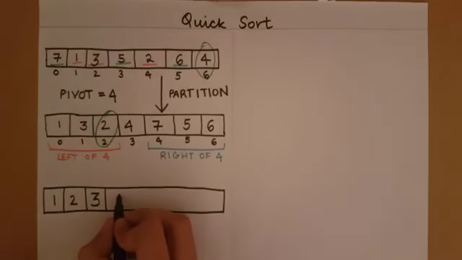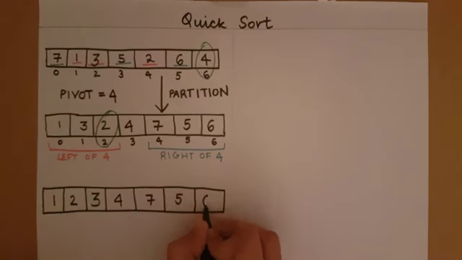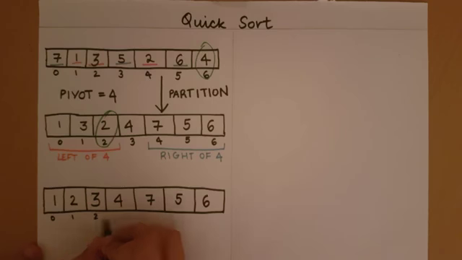Now we will have 4 and the right of 4 array to which the partition algorithm has not yet been performed. Once again, what do we have here? Let me write down the indexes. If you remember, the partition algorithm gives us a pivot index, a left of the pivot, and the right of the pivot.